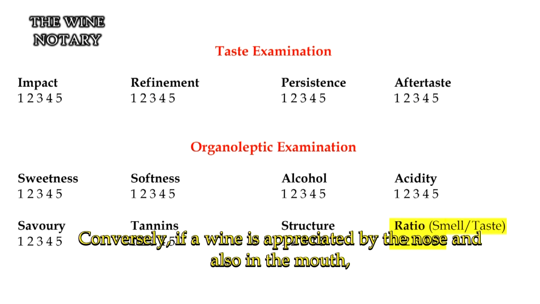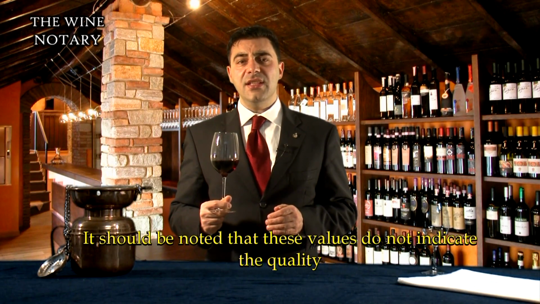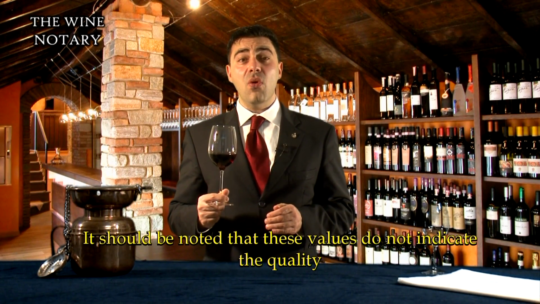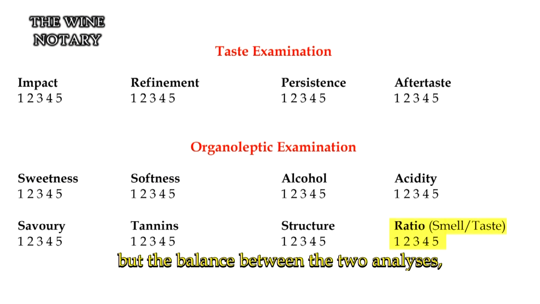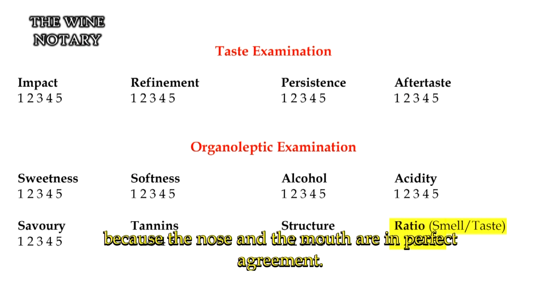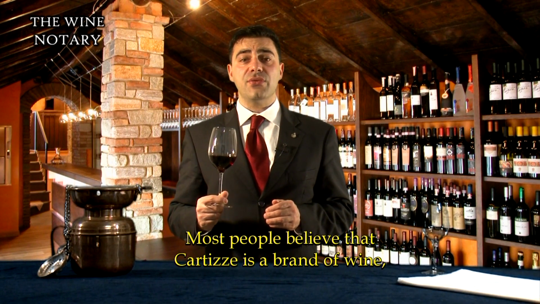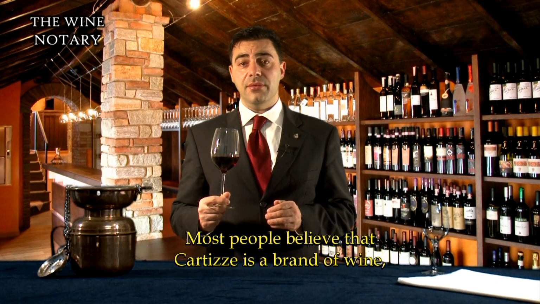Conversely, if a wine is appreciated by the nose and also in the mouth, the value to be assigned is 5. It should be noted that these values do not indicate the quality, but the balance between the two analyses. So, if a wine is not appreciated by the nose and also by the mouth, the score to be assigned is still 5, because the nose and the mouth are in perfect agreement. In any case, the extreme lower value represents a flaw.